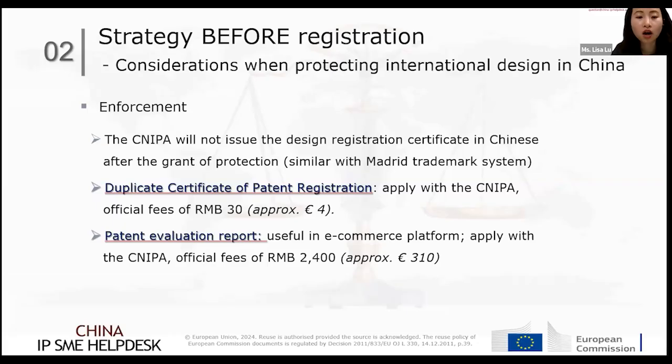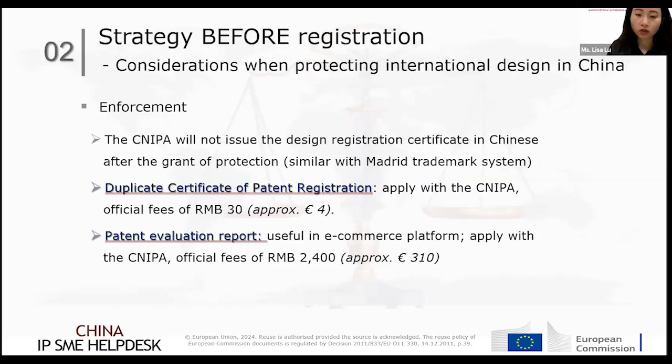So to overcome that language situation, you should apply for a duplicate certificate of patent registration after your international design is granted. You can apply for it with the CNIPA, and you should expect to spend €4 to get this registration.